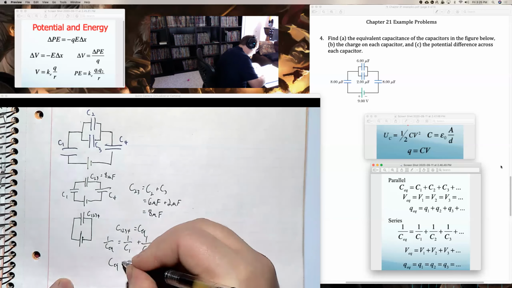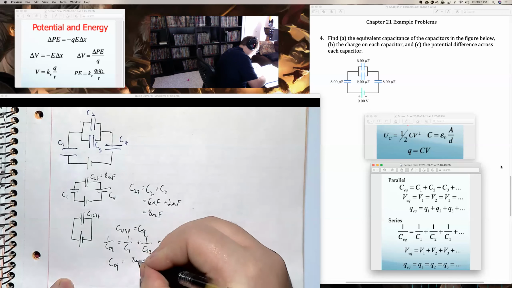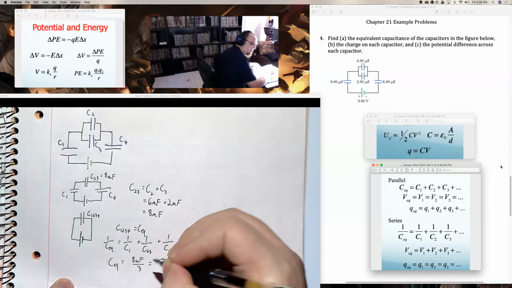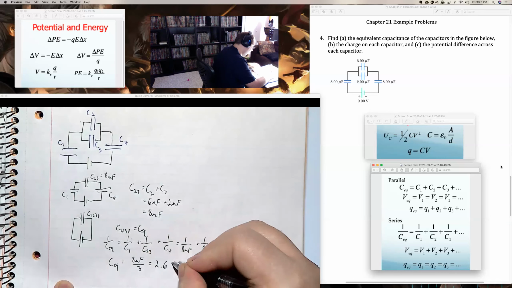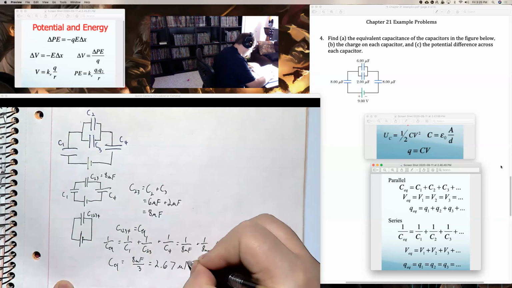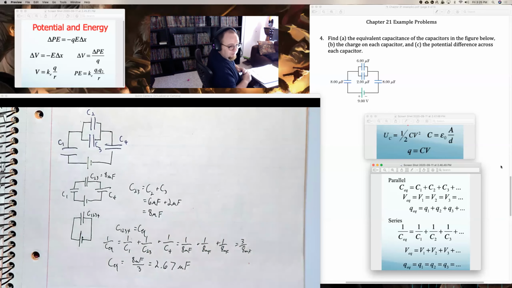So C equivalent is then 8 microfarads over 3, which is 2.67. There's my answer to part A.